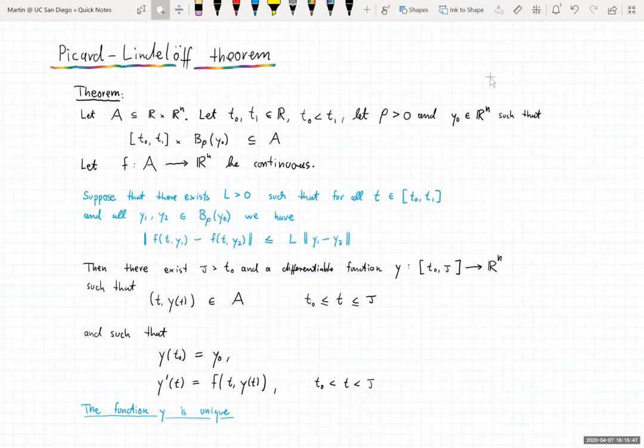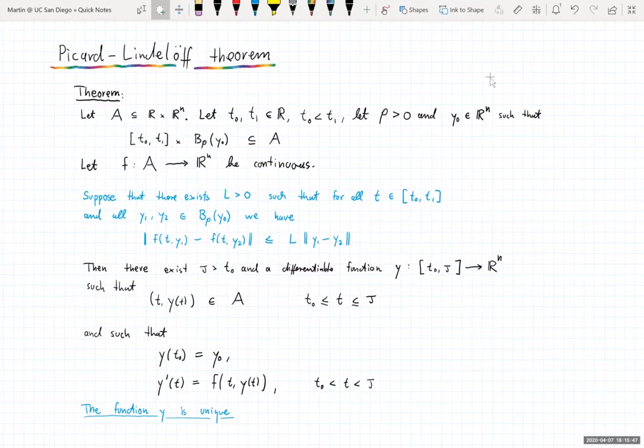In addition to the Peano existence theorem, we also assume the following. Namely, we assume that there exists a constant L larger than 0, such that for all times from the interval t0 up to t1, and for all y1, y2 contained in this ball of radius rho around y0, we have the following inequality.